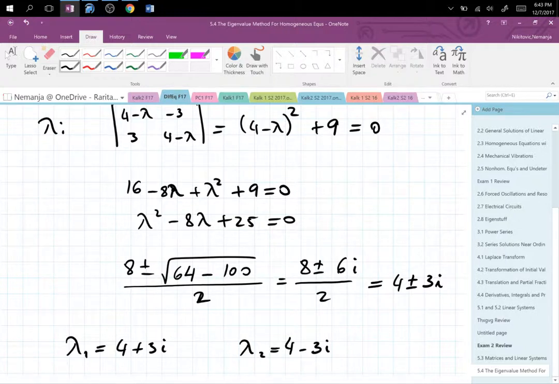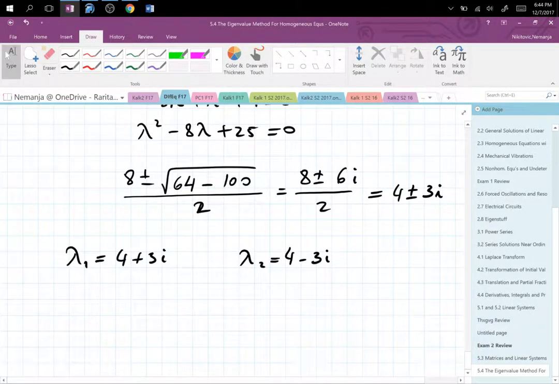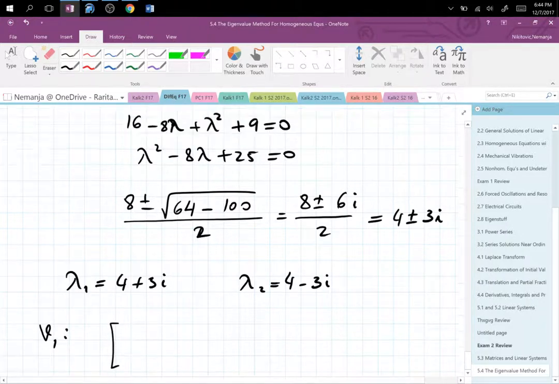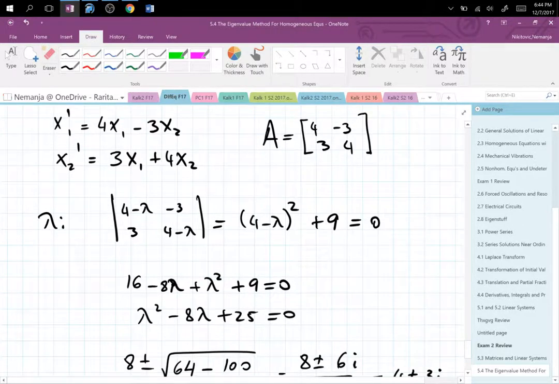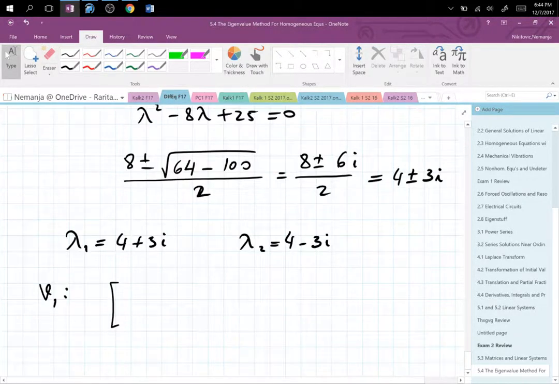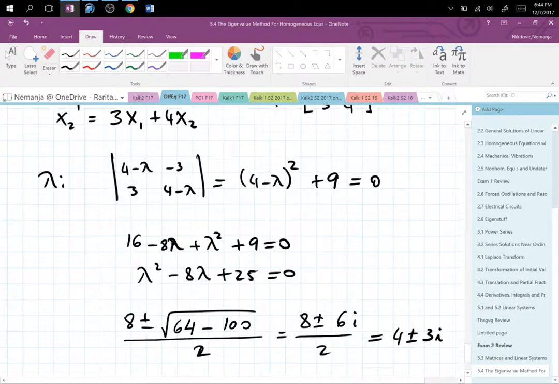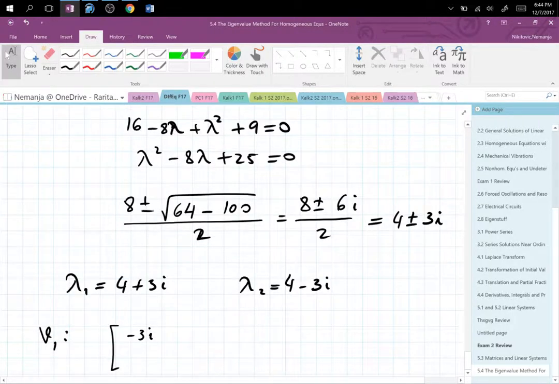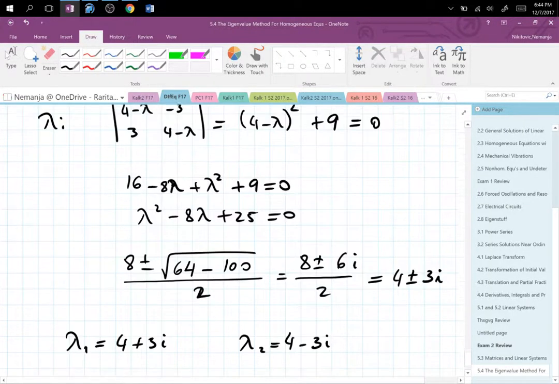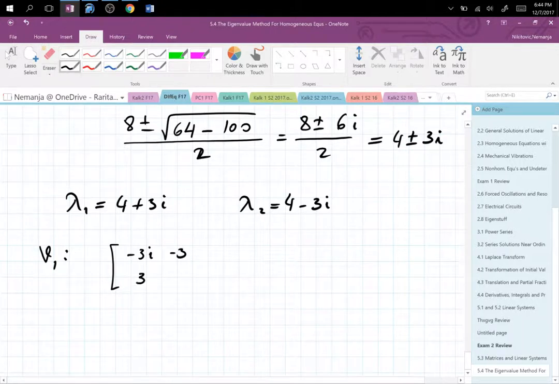So now we want to find eigenvectors. We put this in our eigenvector machine, right? So we have 4 minus lambda. That's negative 3i, because the 4's cancel, and then negative 3, and then 3, and then 3i, times a b, is equal to 0, 0.